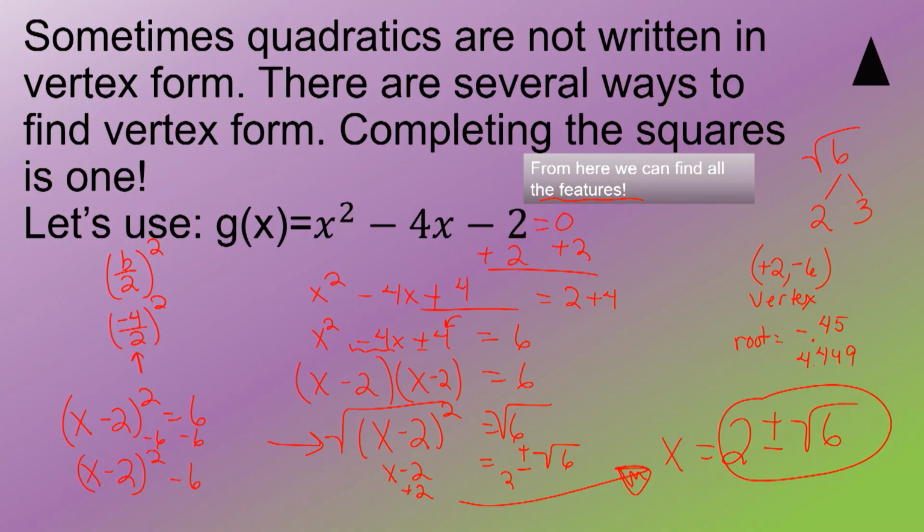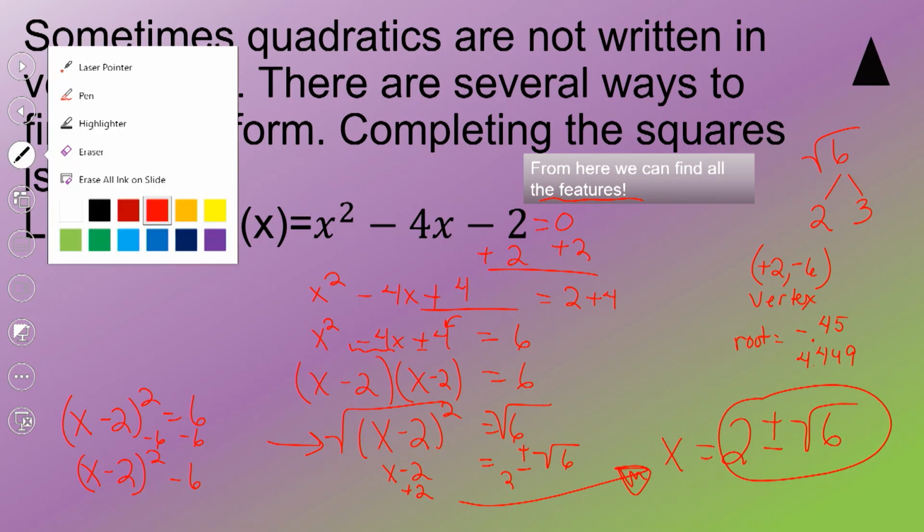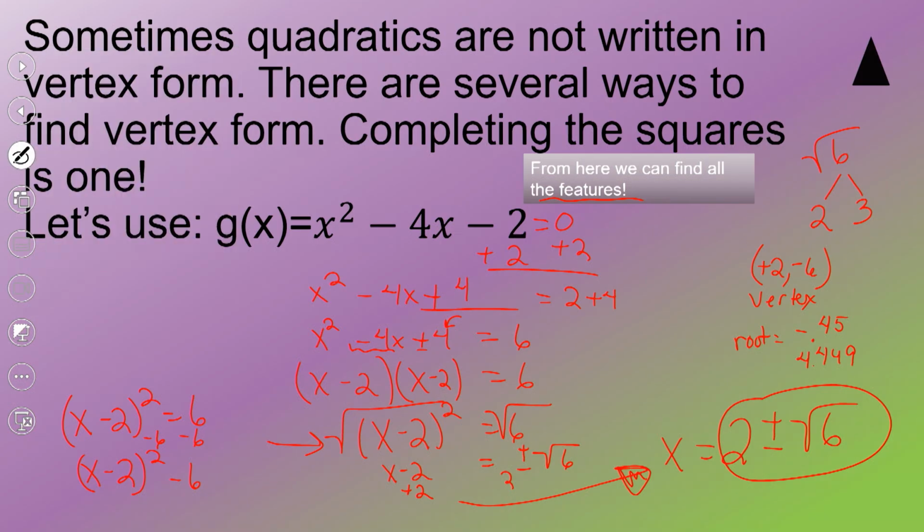Now, how did we say a while ago that we found that y-intercept? Exactly right. I'm going to erase some of this so I have some room. And let's get a different color since we're doing something a little different. I'm going to take this x minus 2 squared minus 6. I want to find my y-intercept. When I have my y-intercept, my x is 0.